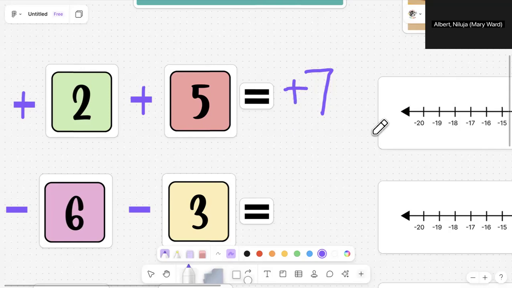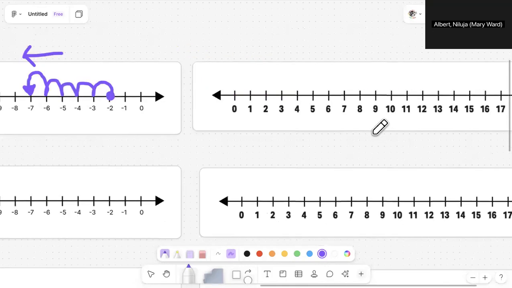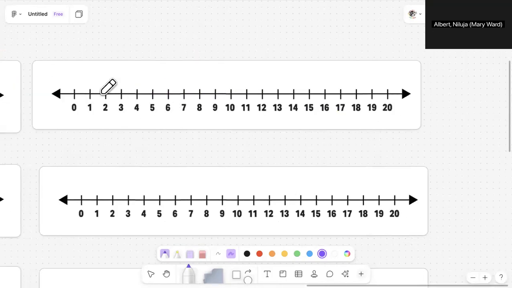And we're going to explore why this is the case on the number line. So this time we're starting at +2. And if I'm going to combine that with a +5, that means I'm adding. So I'm going to move towards the right on the number line when I'm combining positive numbers.